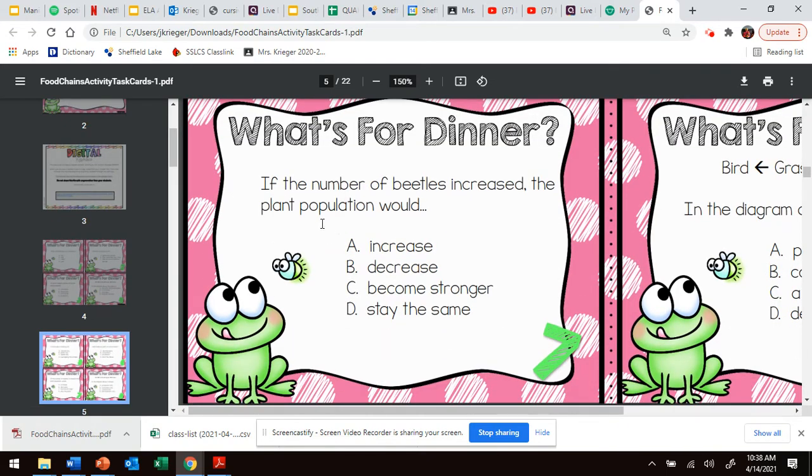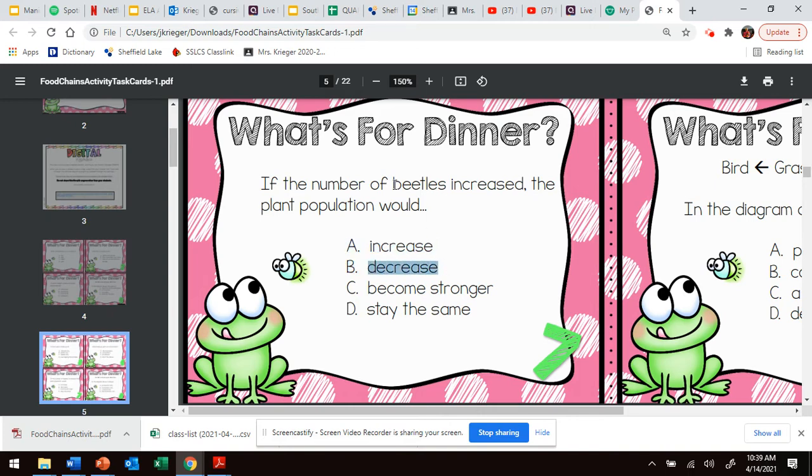Number seven, if the number of beetles increased, okay, then what would happen to the plant population? Okay, so beetles eat plants, right? So if beetles are increasing, they're going to need to eat those plants, right? So would the plants increase too?